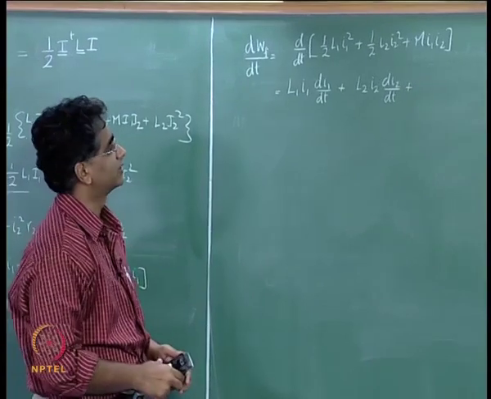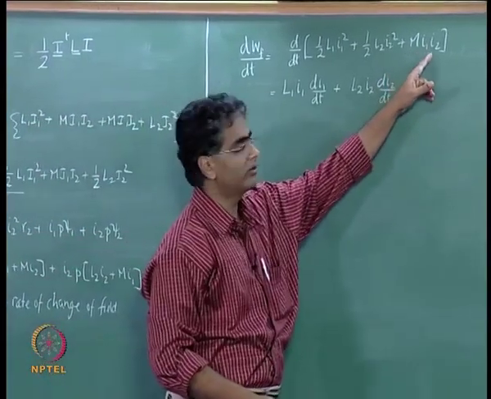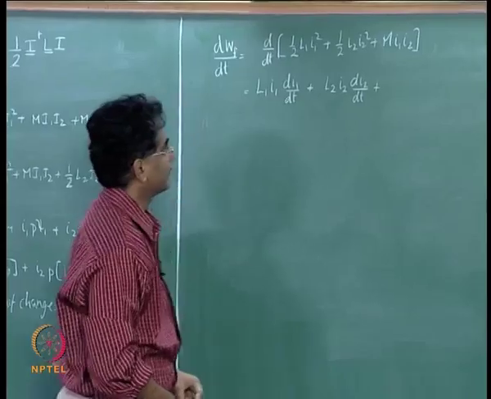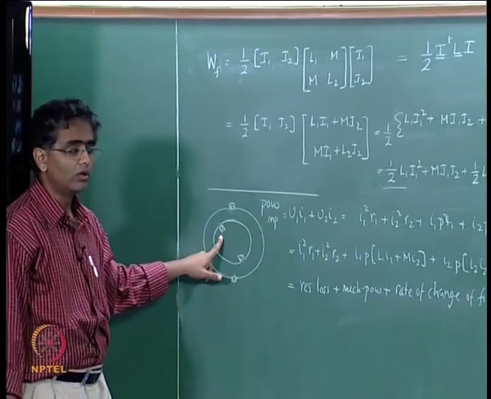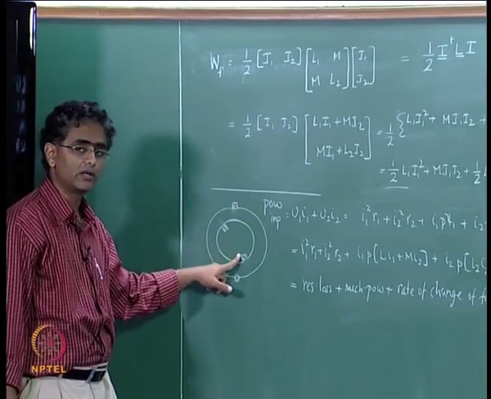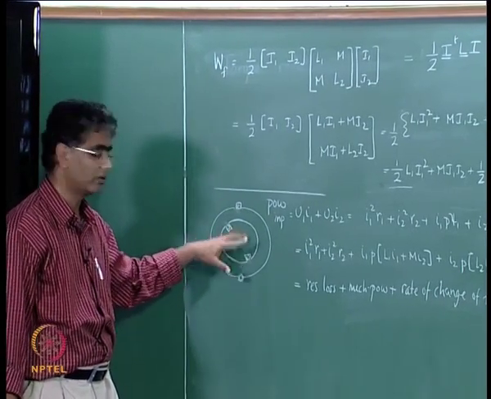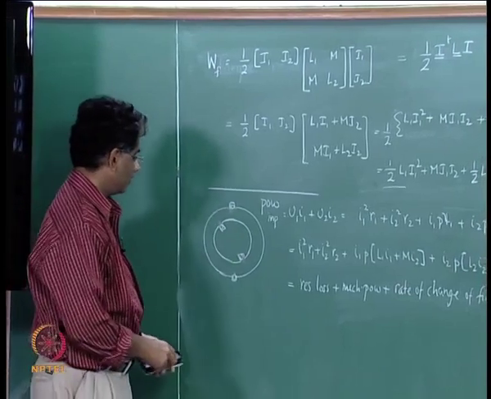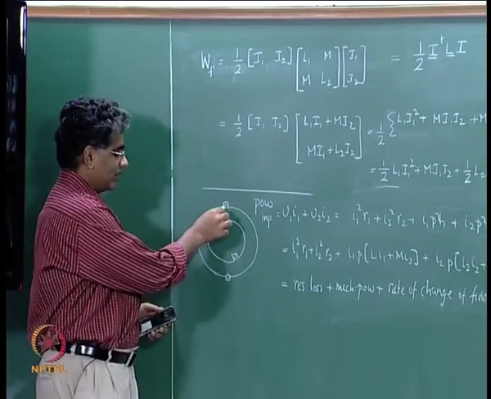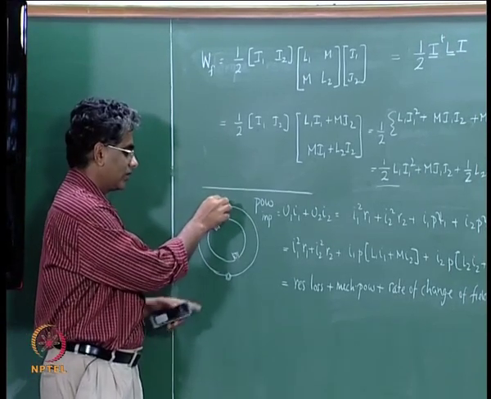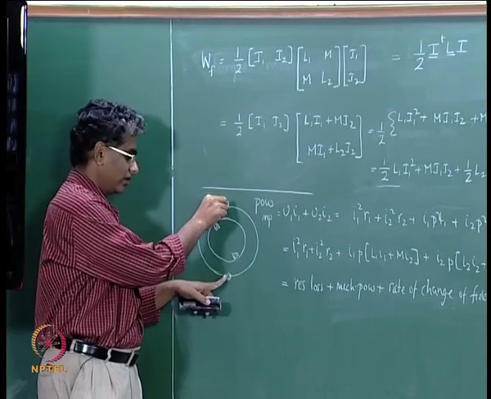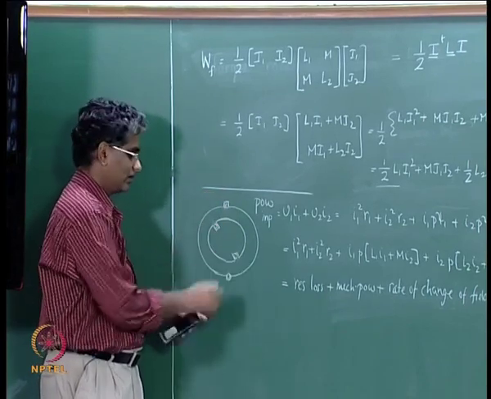In the next expression, you have m I1 and I2. I1 and I2 are obviously dependent on t, they will change with respect to time. Mutual inductance will also change with respect to rotor angle, and therefore with respect to time, if the rotor is going to rotate. One can see that the inductance will depend upon how much of the flux generated by one coil is going to link the second coil.